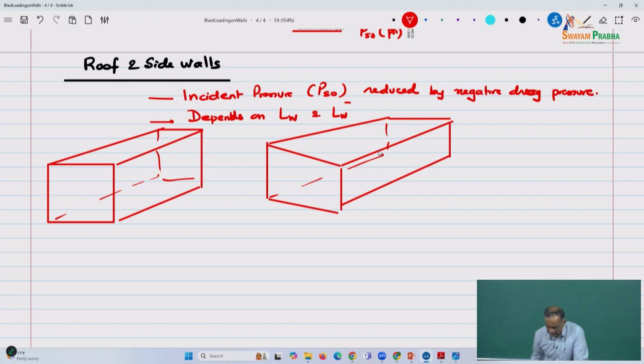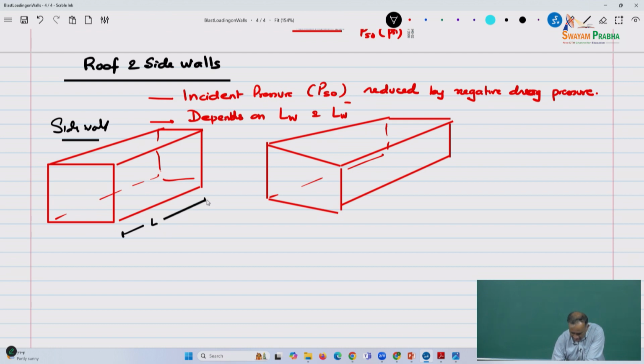So if you are looking at the side wall, this is your LW, same thing here, LW.